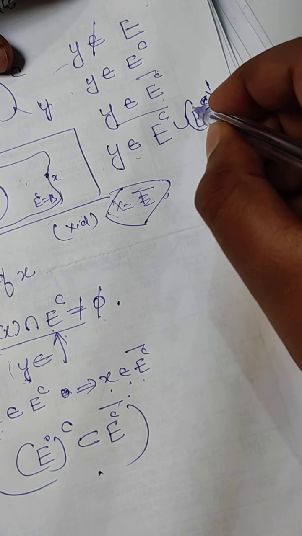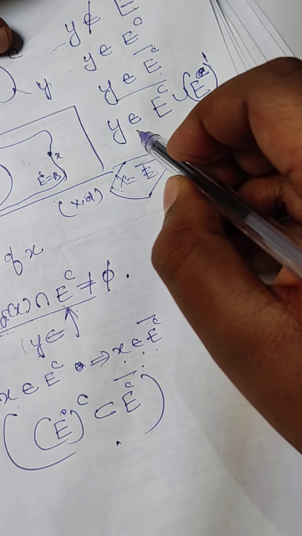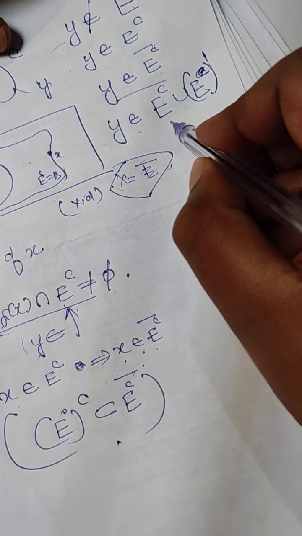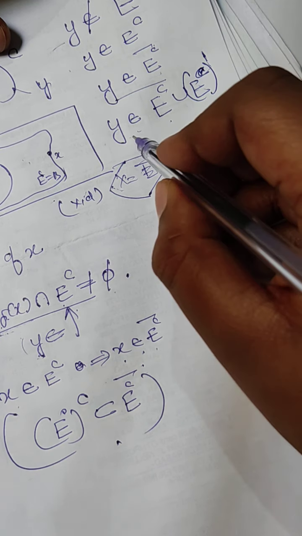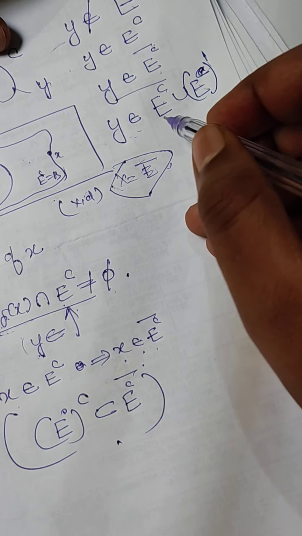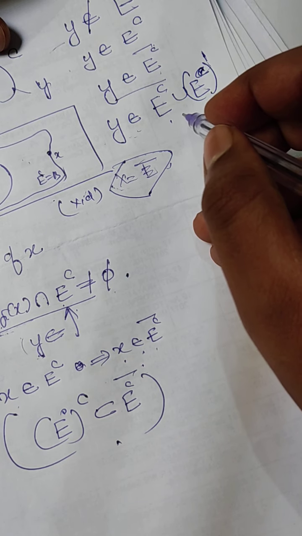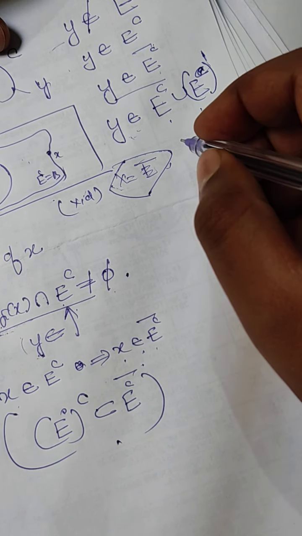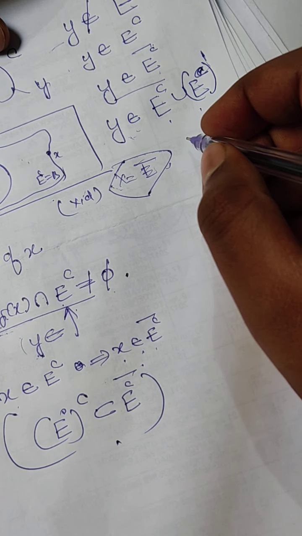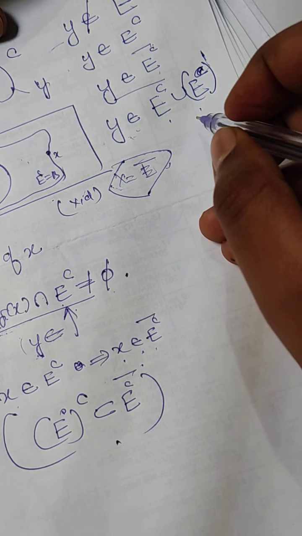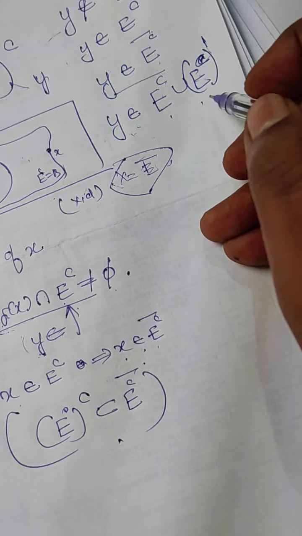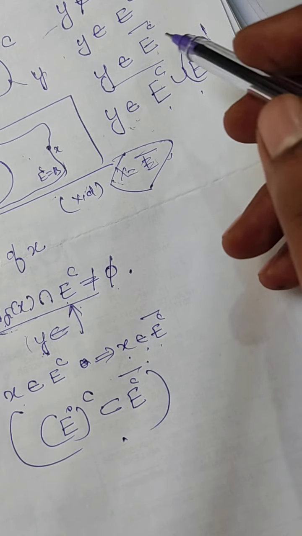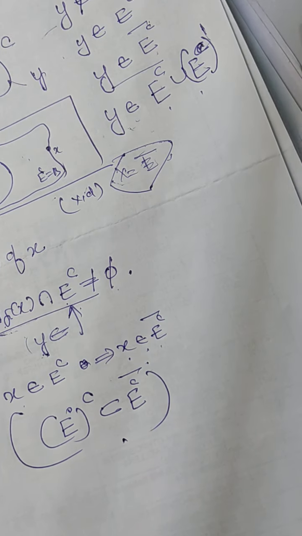So if Y belongs to E complement, then there is nothing to prove, Y is an interior point of E. If Y belongs to E complement closure, there is a neighborhood N of Y, and from there the similar proof follows.